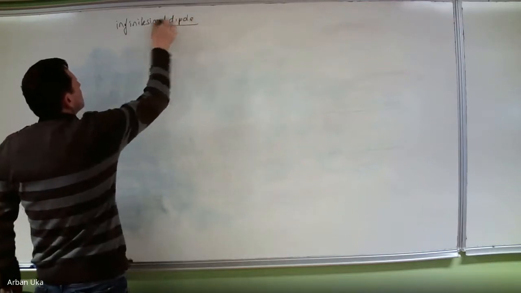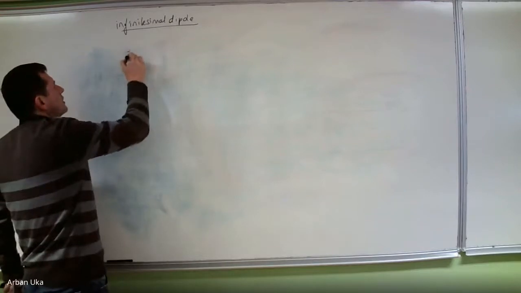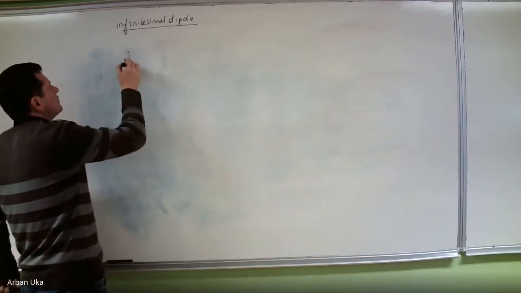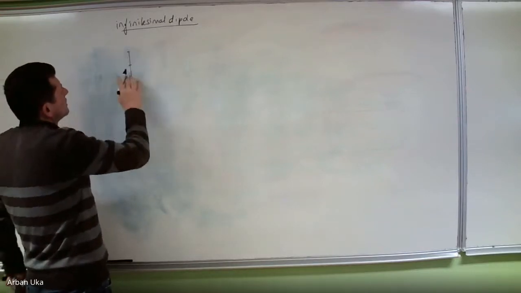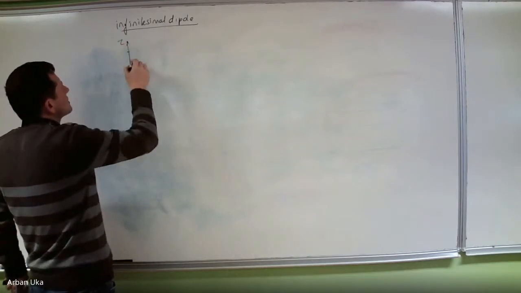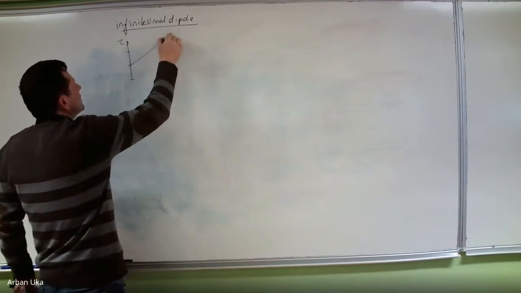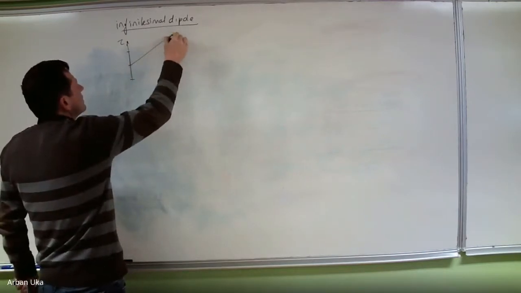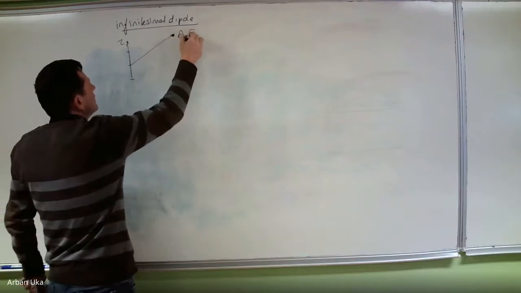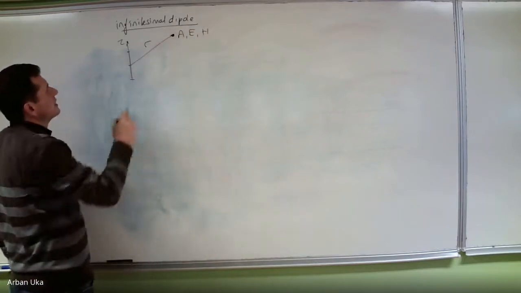For example, if we have an infinitesimally small dipole, what we often assume is a dipole that looks like this. We orient it along the z-axis, and we try to determine the A, the E, and the H at some point P at a distance r.